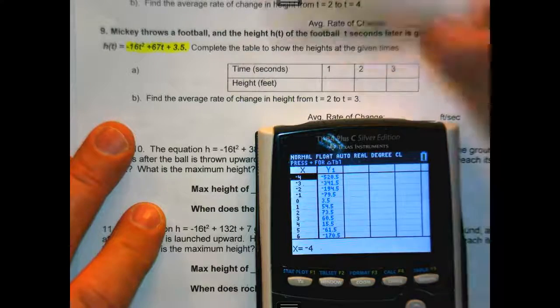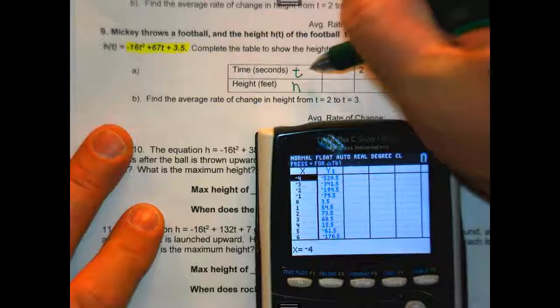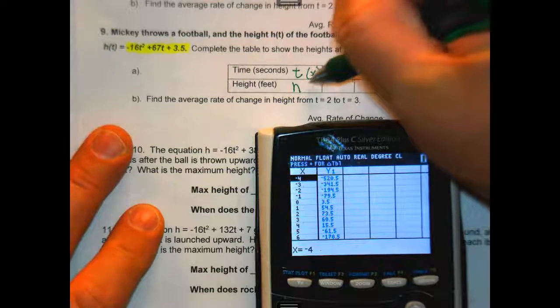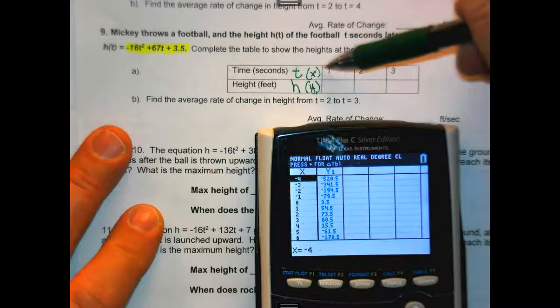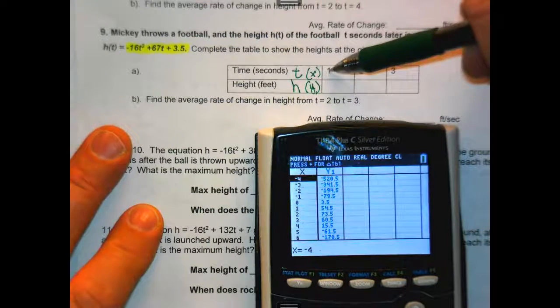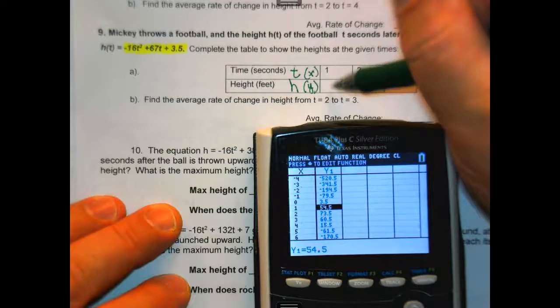Remember, this is my T, and this is my H, or this is my X, this is my Y, right? So find Y when X is 1. Well, here's 1. So my Y is 54.5.